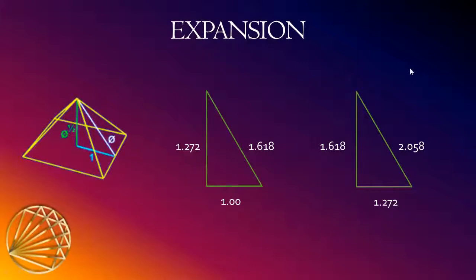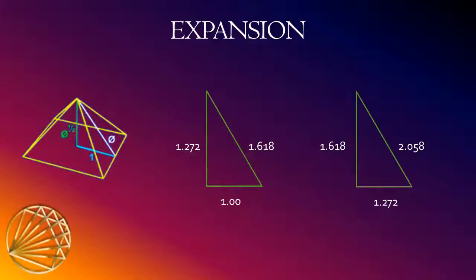Now Bryce takes this a step further and proposes that we move these ratios around a bit. For example, we take 1.272, the height, and move this number to the base, and we get another ratio. Now the height is 1.618, and the hypotenuse is 2.058. We can keep moving the height to the base and getting more and more ratios that go higher.